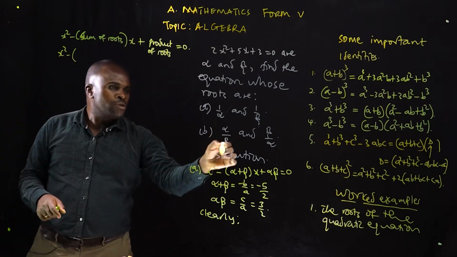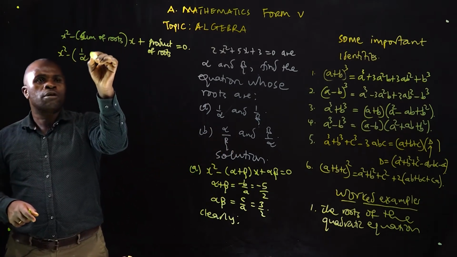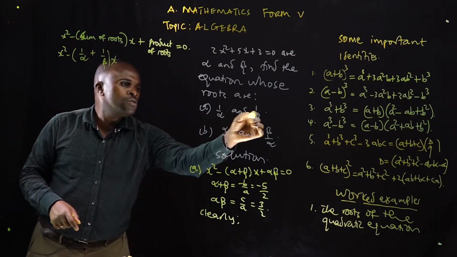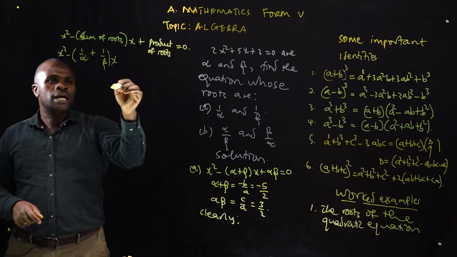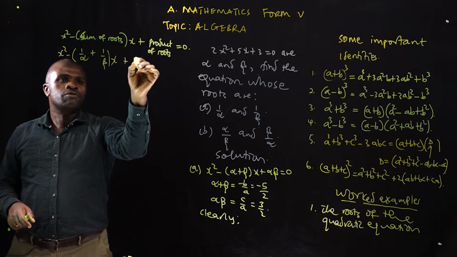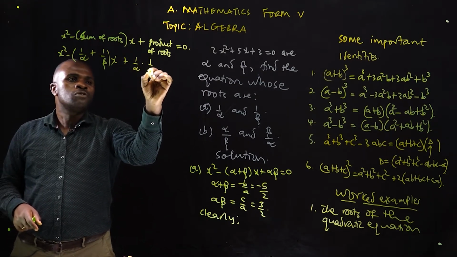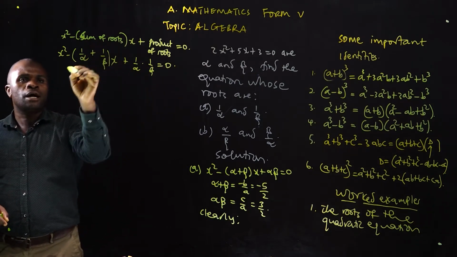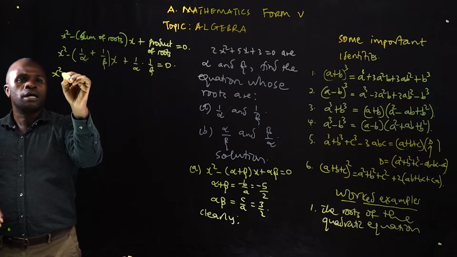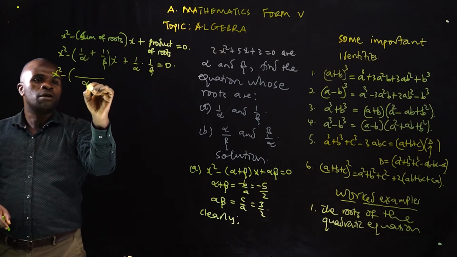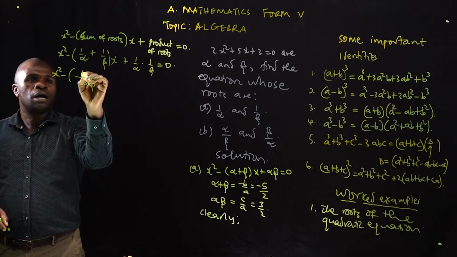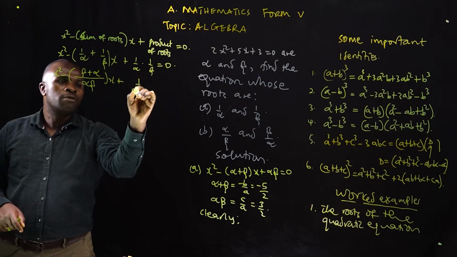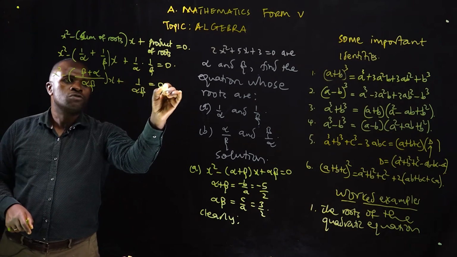Our roots are now 1 over alpha and 1 over beta. So x squared minus the sum of 1 over alpha and 1 over beta times x, plus the product, 1 over alpha times 1 over beta. Performing the operation, the LCM is alpha beta, giving beta plus alpha over alpha beta, x plus 1 over alpha beta equals 0.